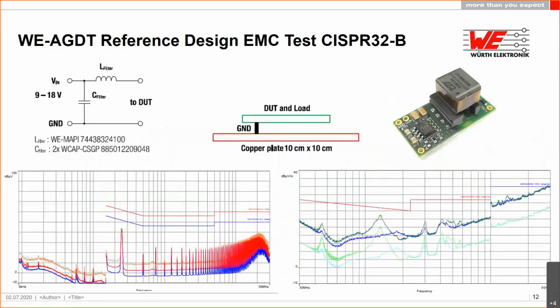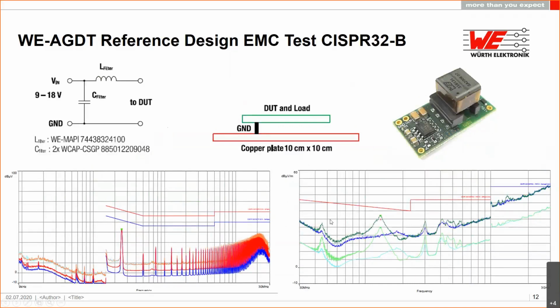As we take a lot of care with EMI, we are a little bit famous for it, so we also did a complete measurement setup for this reference design at full power. On the input, we integrate a small LC filter with an MLC and a very small inductor to pass the conducted test.